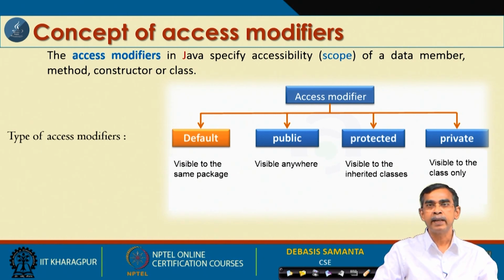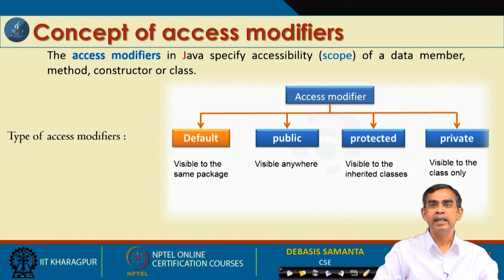If we put an access modifier before a member, for example, before a field, a data value or a method, then that value or method will be accessed according to the access specifier. If it is public, then it is visible anywhere.